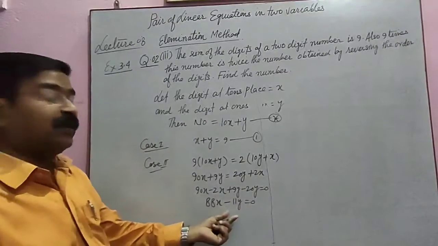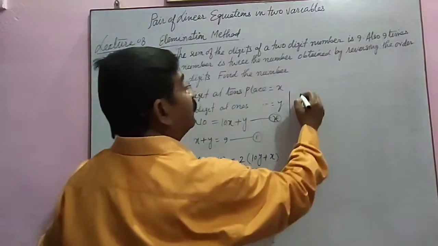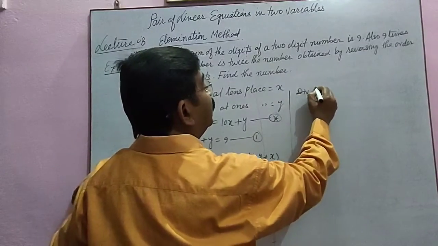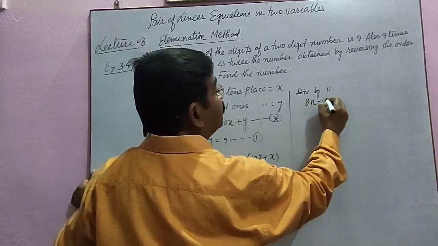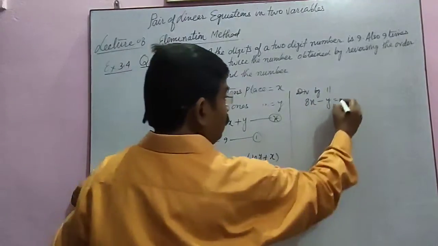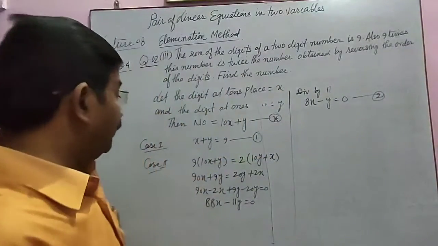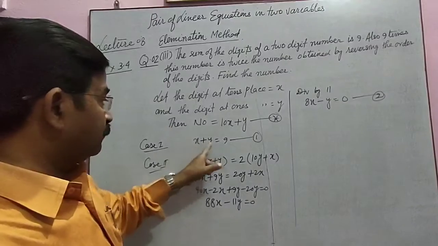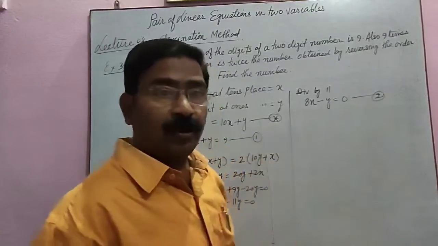Now 11 is common, so divide by 11 to reduce the equation. What we have is 8x minus y is equal to 0. Equation number 2. So we have got two equations: x plus y is equal to 9, and 8x minus y is equal to 0.